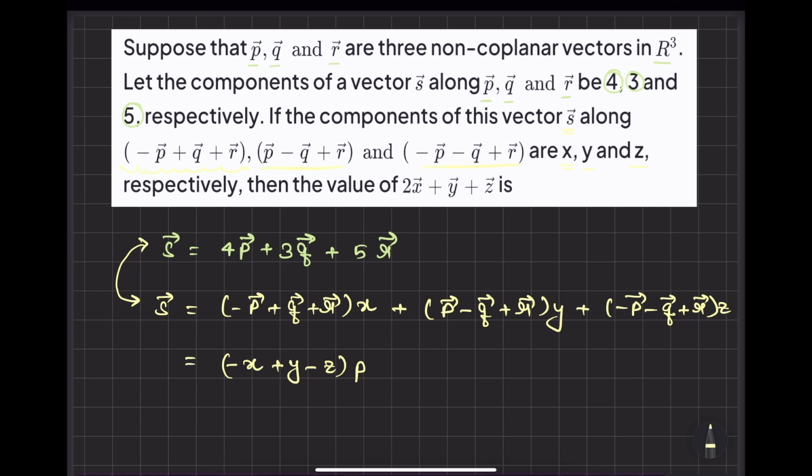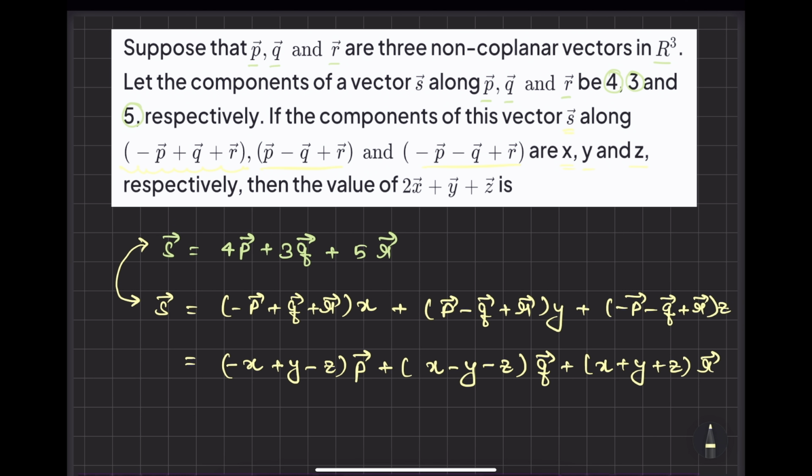This is your p vector. Now q: x minus y minus z. And then r vector: x plus y plus z. So this is your r.